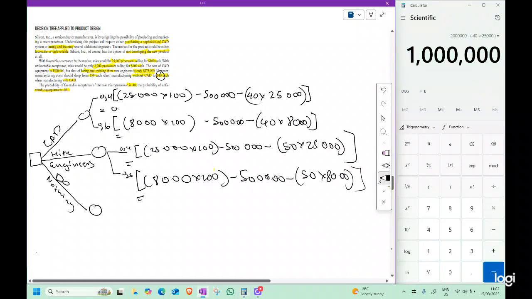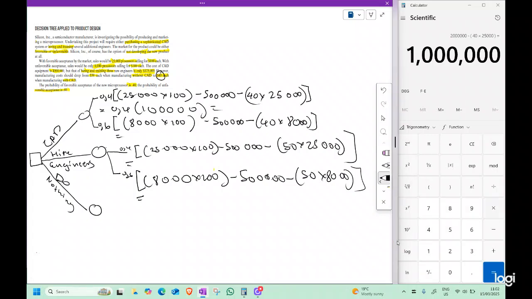All right, then 0.4 of 1 million. Okay, then my EMV is multiplied by 0.4, which is 400,000.